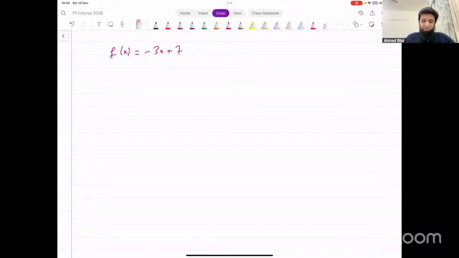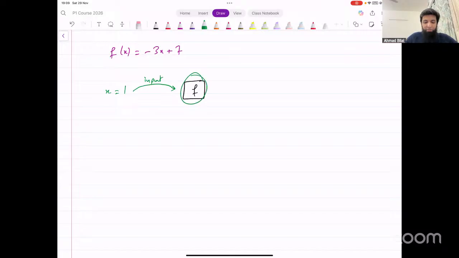So for example, if I input x equal to 1 in this function, we often represent functions using this flowchart, that we have this function f. What happens is something goes to this function as an input. So you can have, for instance, x equals 1 going to this function as an input.